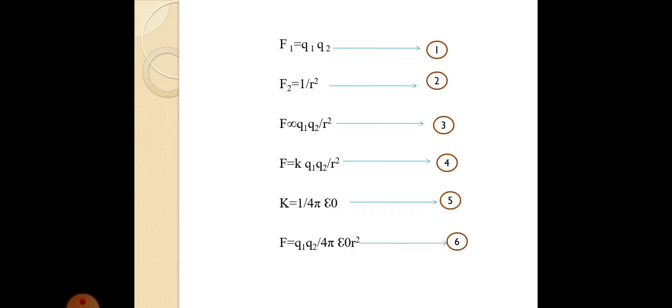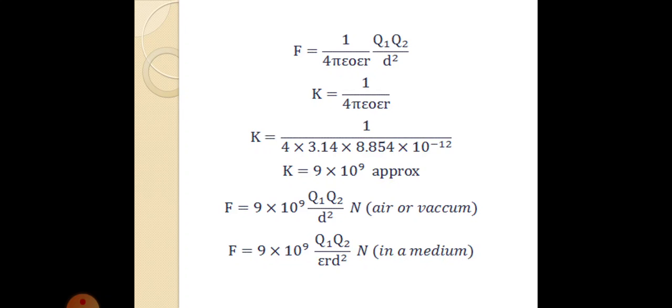r is the distance between the two charges. So F equals 1 by 4 pi epsilon naught epsilon r times Q1 Q2 divided by r squared. Epsilon r is the relative permittivity. The value of K equals 9 into 10 to the power of 9.